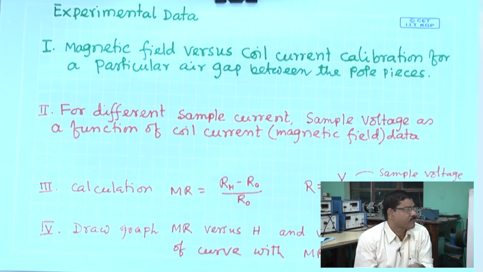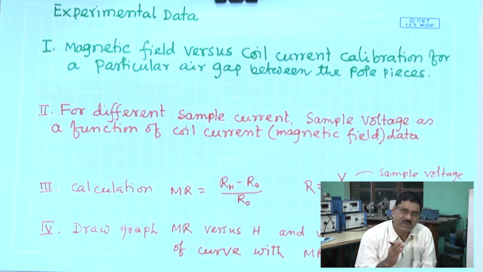That is why, before starting the resistance measurement using the 4 probe, we will calibrate the magnetic field, or calibrate the magnet. That means the magnetic field for different coil currents for a particular air gap.